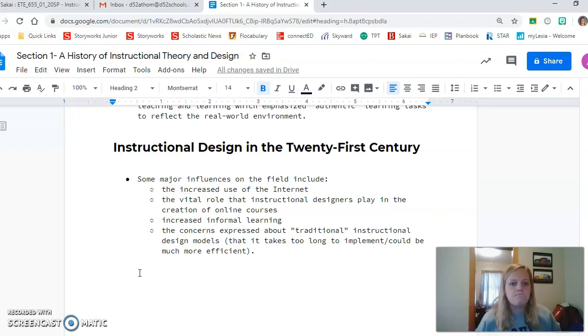We've learned a lot from all of the instructional design models, and we're taking bits and pieces from each of those to create where we are today. So yeah, that was kind of long. It was a long chapter. Sorry about that. But that is what I took away from this chapter on the history of instructional design and theory.